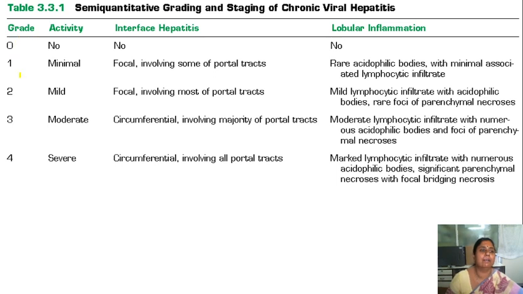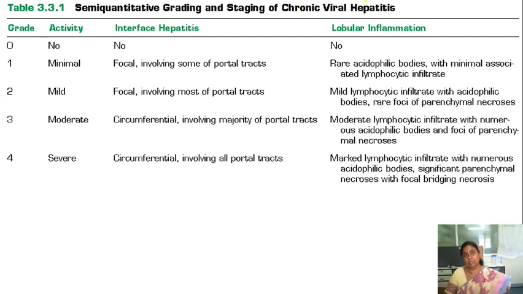So in grading, you are having 4 grades where the activity is minimal. What do you mean by activity? The necrosis of the portal hepatocytes. So it can be minimal, mild, moderate or severe. Interface hepatitis, focal and involving most portal tracts, circumferential and involving all portal tracts. Then lobular inflammation is again graded from none to maximum.